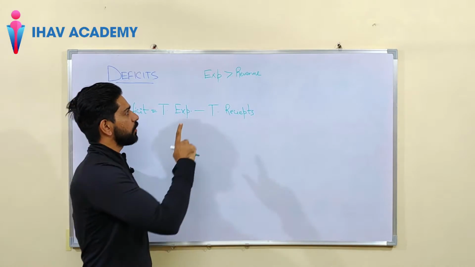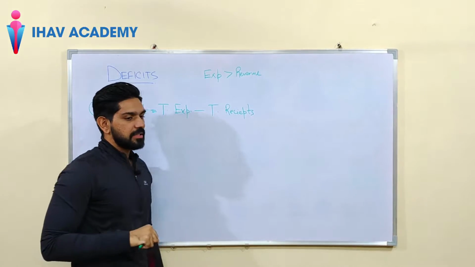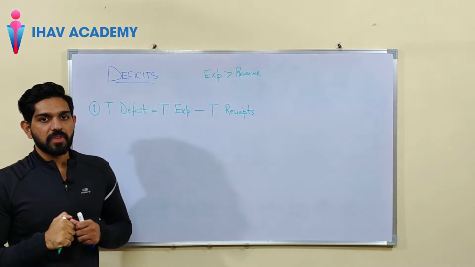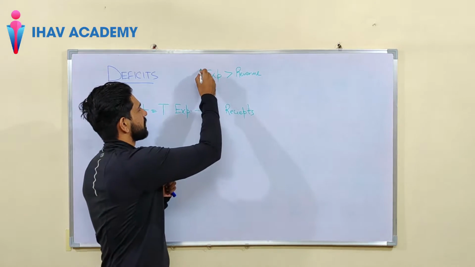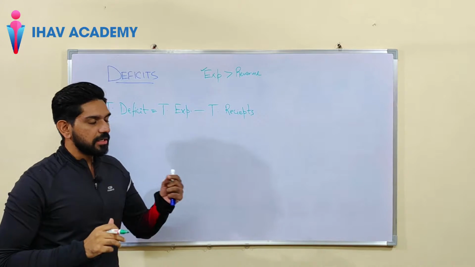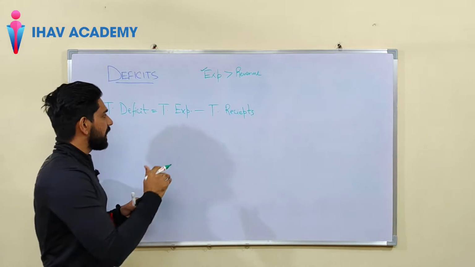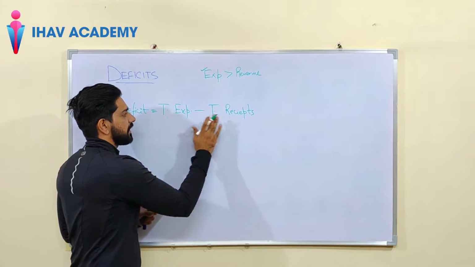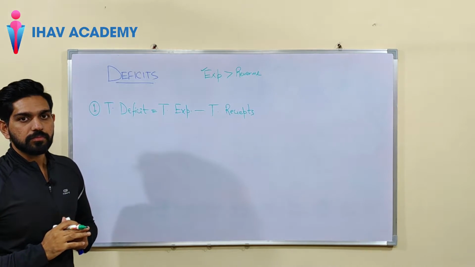See, we are talking about deficit. It means the money which is going out of the purse is greater than the money which is coming into the purse. So that's why the expenditure part is greater than the revenue, receipts part.